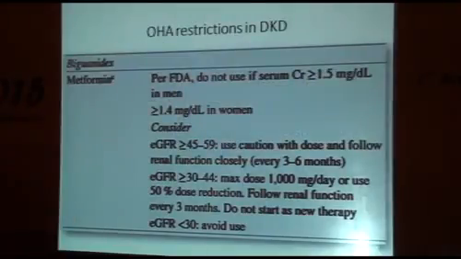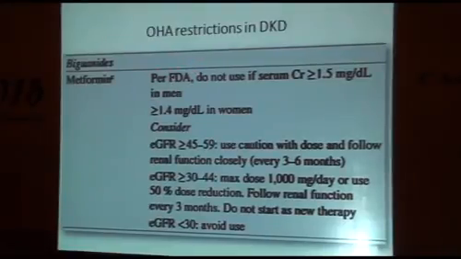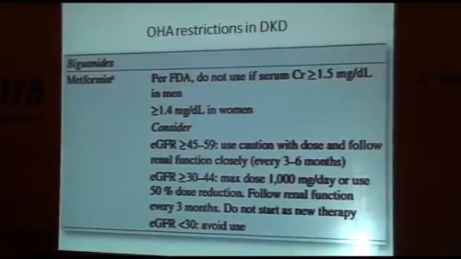We move on to the restrictions with diabetic kidney disease. You know that the first line modality is metformin. According to the US FDA guidelines, restrictions are based upon creatinine. Actually, anything based upon creatinine will not give the full information.